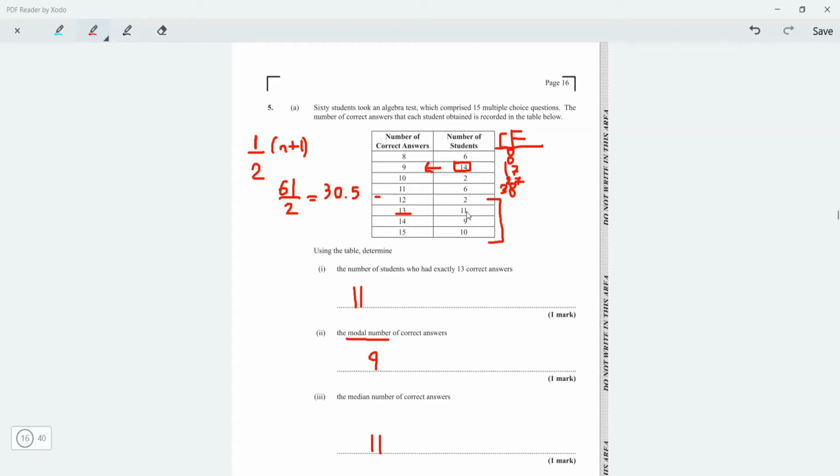2 and 11 is 13, and 9 is 22, and 10 is 32. All right, so there are 32. Is this 32 I'm getting?